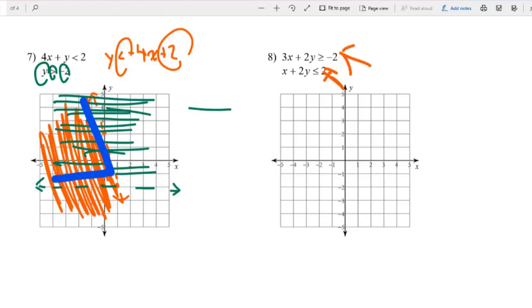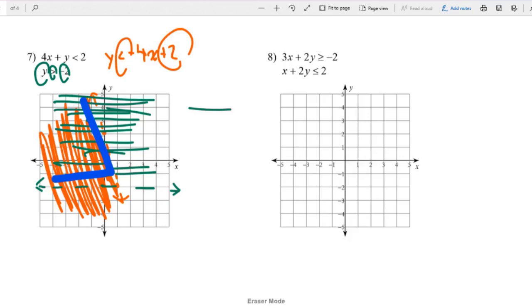I'll give you a second. It's standard form. So we have to convert standard form into slope-intercept form, put that in our calculator or Desmos, get 2 points, and graph both of these inequalities.